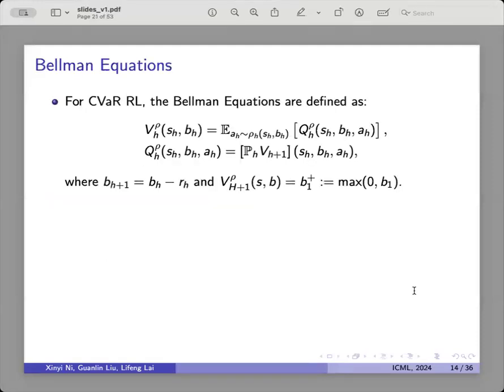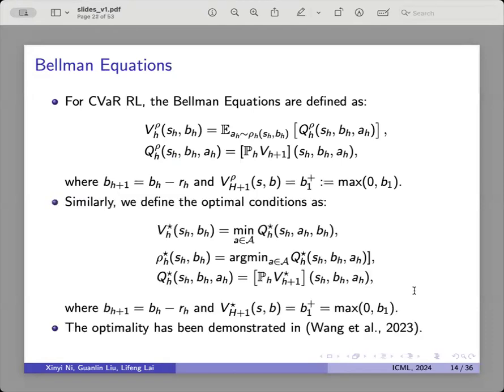Because the Bellman equations of the risk-neutral case are not applicable anymore, we define the Bellman equations for CVaR RL. Similarly, we define the optimality conditions as follows. One thing you need to notice is that the initial budget is updated based on the reward.